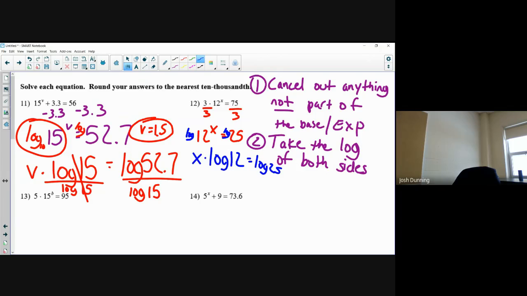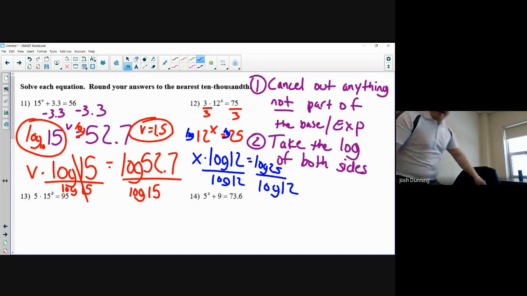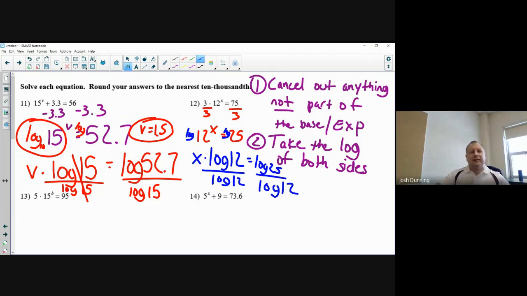When you take the logarithm of something with an exponent, it pops it out to the front with a times sign, which helps because now all you've got to do is divide by log of 12. And we didn't put any base on these, so they're base 10. So I can just use the log button right on the front of my calculator, which I'm going to do now.